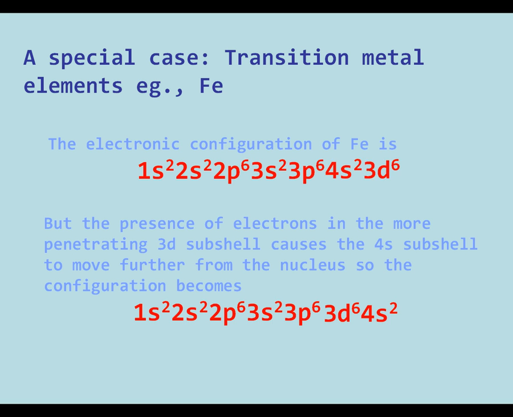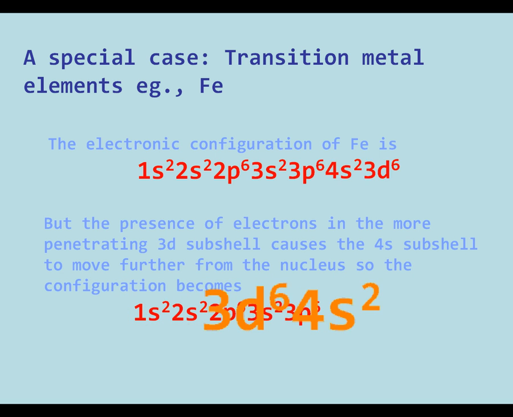And as soon as electrons go into a 3d subshell, they cause the 4s subshell to move further out from the nucleus. So the actual configuration for iron would be 1s2, 2s2, 2p6, 3s2, 3p6, 3d6, 4s2.